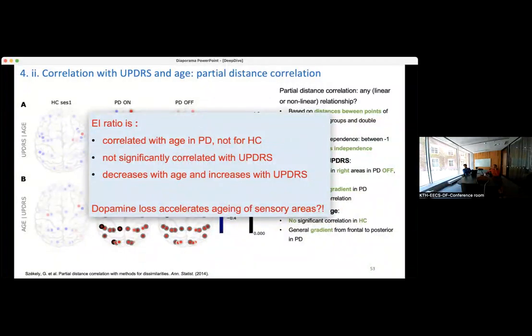Okay, so just to conclude on this part, we see that EI ratio seems to be correlated with age, but not with UPDRS. This is wrong, sorry: we have a decrease with UPDRS and an increase with age.